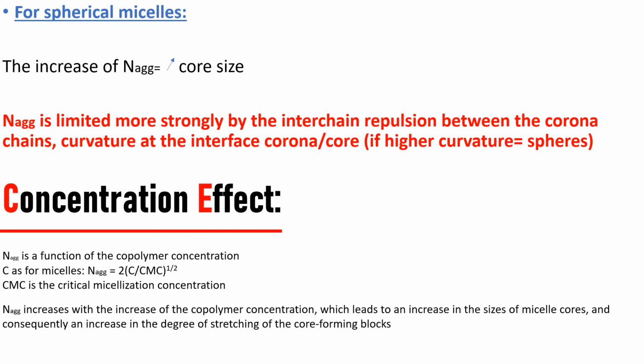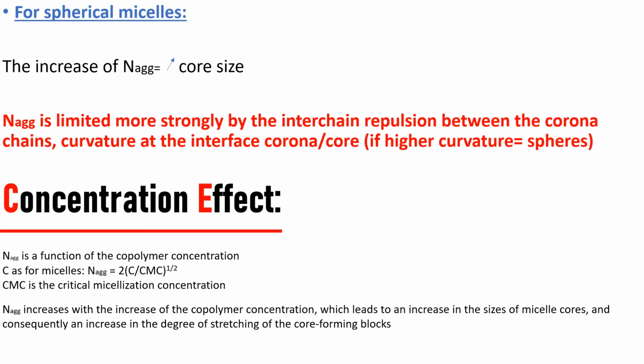For spherical micelles, when the aggregation number increases, the core size increases. One more thing, the curvature at the corona-core interface is higher, which explains the fact that we got spheres. As a reminder, the interchain repulsion between the corona chains is the most important parameter to determine the nature of the self-assembly.